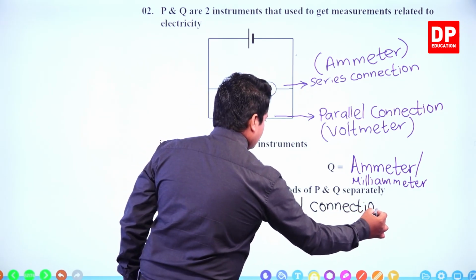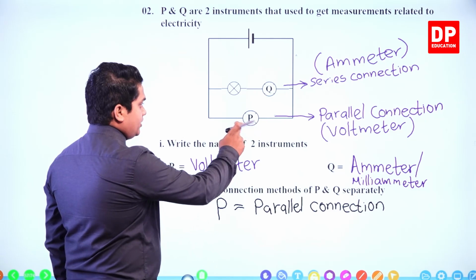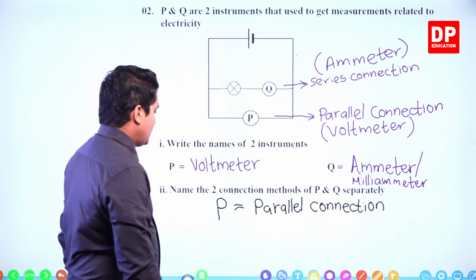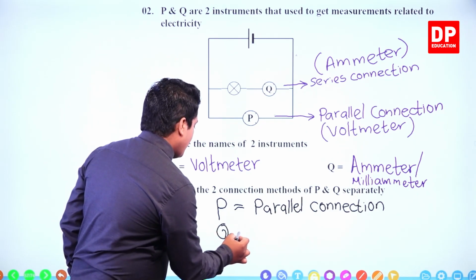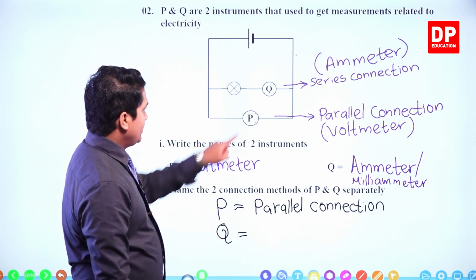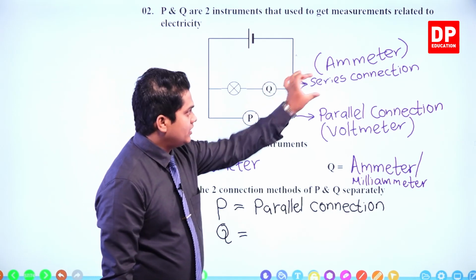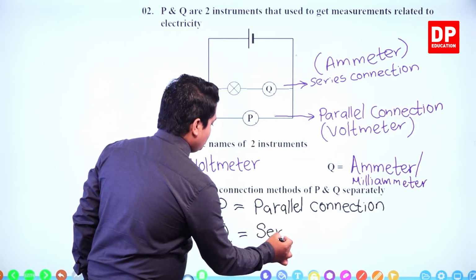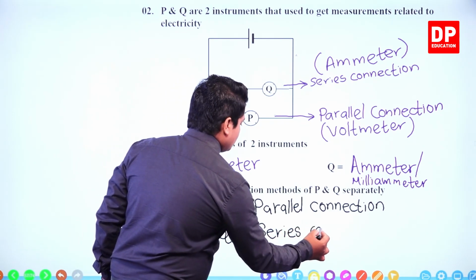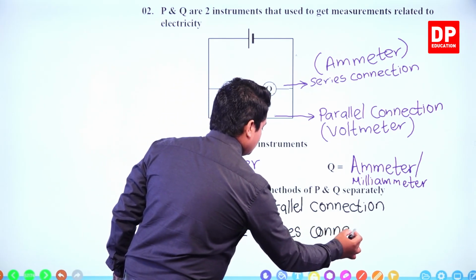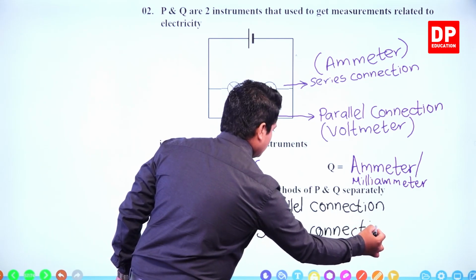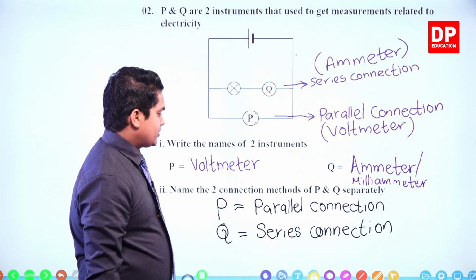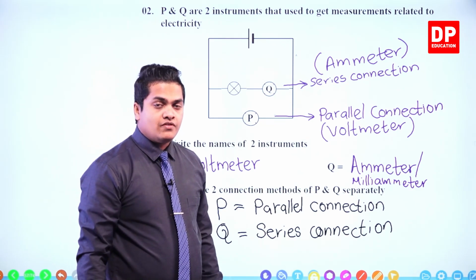Here you can observe P showing a parallel connection. Then the next one is Q. Here you can observe Q showing a series connection. So parallel connection and series connection are the two connection methods of P and Q.